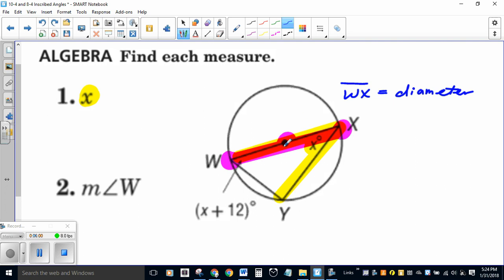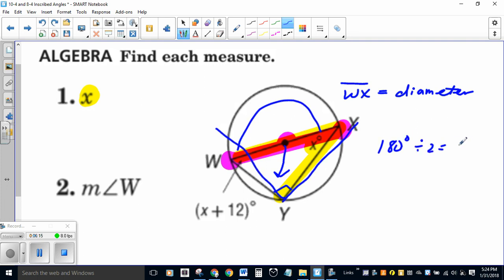And the angle that's across from the diameter is going to be a right angle, because this angle right here intersects this part of the circle, which is half the circle, so 180 divided by 2 means it's going to equal 90 degrees. Okay, so the measure of angle Y is 90 degrees.